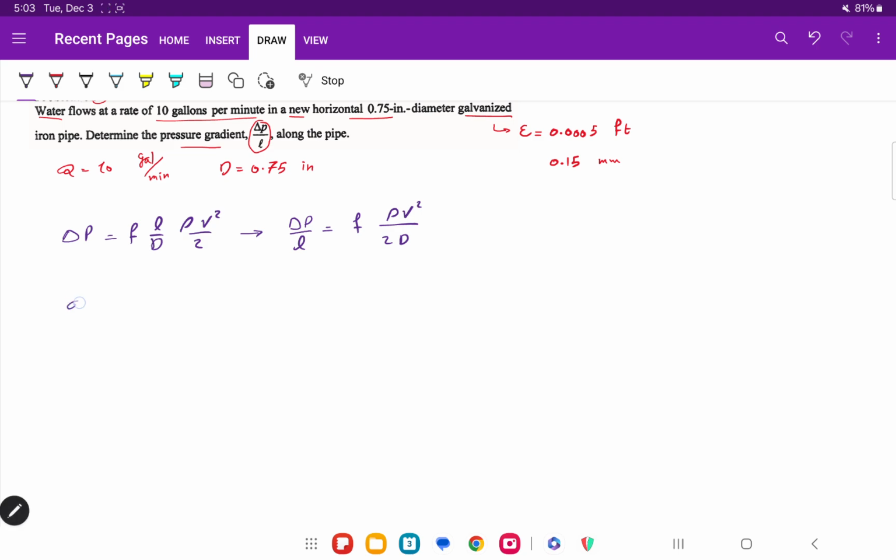We have the flow rate, 10 gallons per minute.